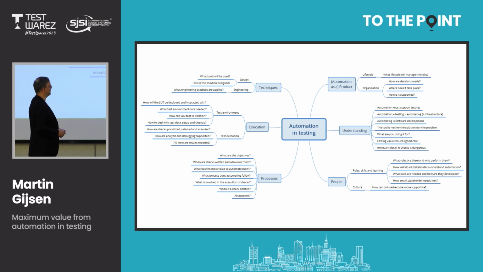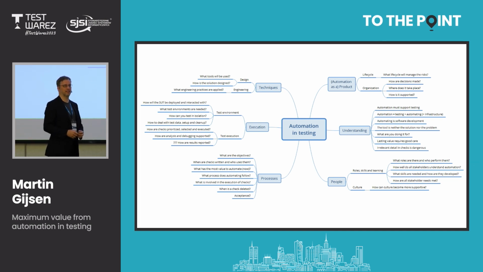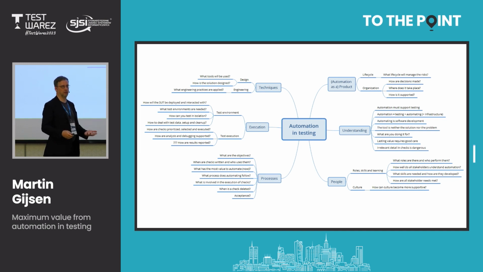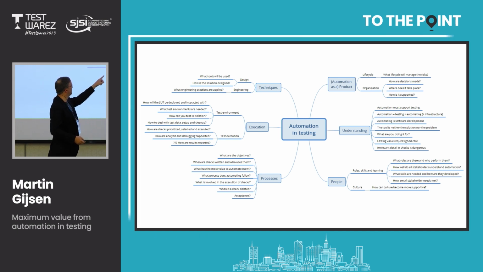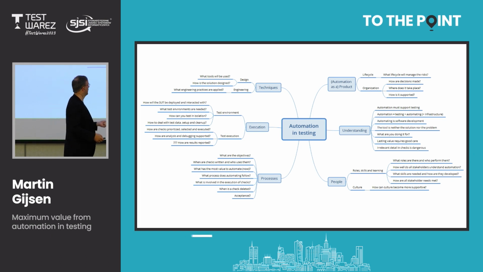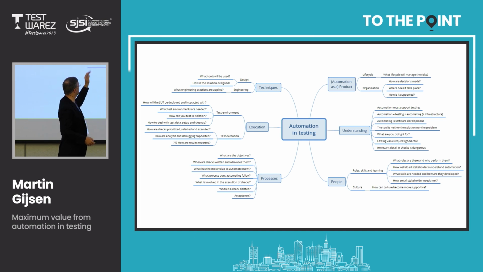But when I made this and shared it with people, I found that they did not find it so useful or easy to use. One of the reasons probably is that it's pretty big. It has structure. It's called the PUPPET model, product understanding, which is not questions, but fundamental issues about automation: people, process, execution, and techniques.